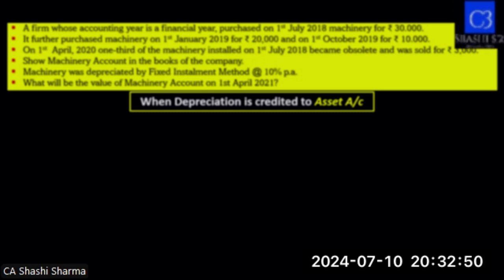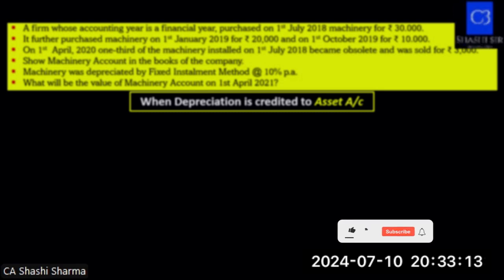So there are three alternative names available for this method: original cost method, fixed installment method, and straight line method. And the depreciation will be provided at the rate of 10% per annum. The question asks us, what will be the value of machinery account on 1st April 2021?